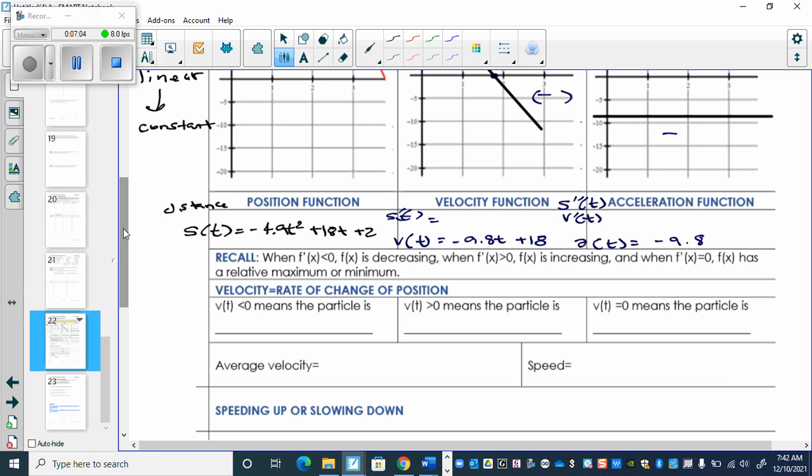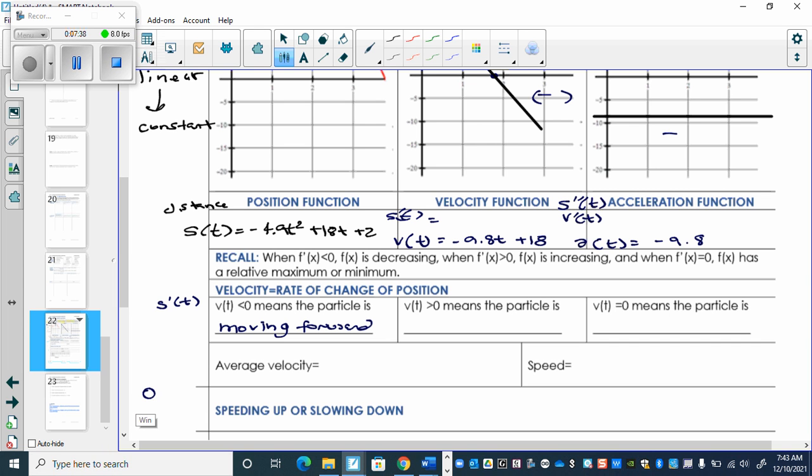So what does it mean in terms of particles, what they're doing? That means for v(t), this is s'(t). How might we put into language of what the particle is doing? So if you keep it in mind, when it's positive, it's moving forward. If you think about how it looks, visualize, this is the ball.